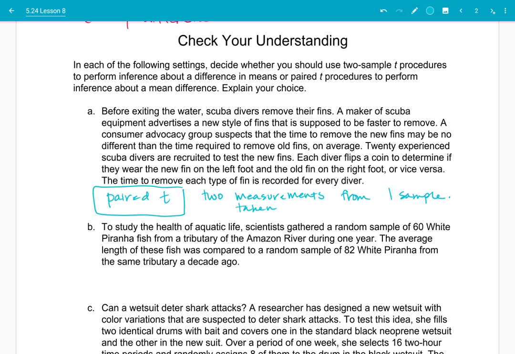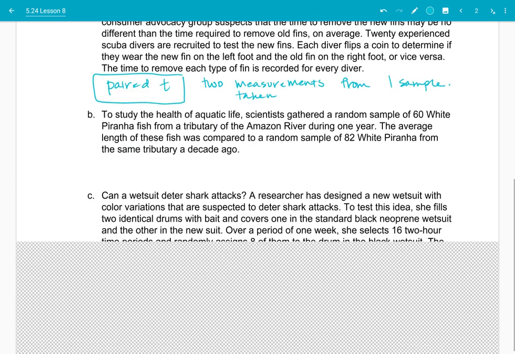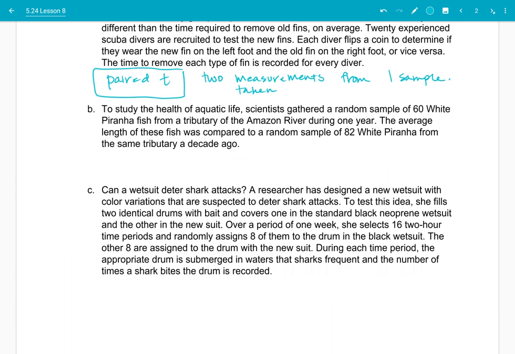Part B. To study the health of aquatic life, the scientists gathered a random sample of 60 white piranha fish from a tributary of the Amazon River during 1 year. The average length of these fish was compared to a random sample of 82 white piranha from the same tributary a decade ago. So, are you comparing 1 population and finding the difference within that population?